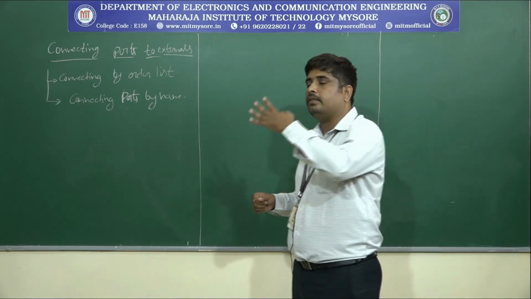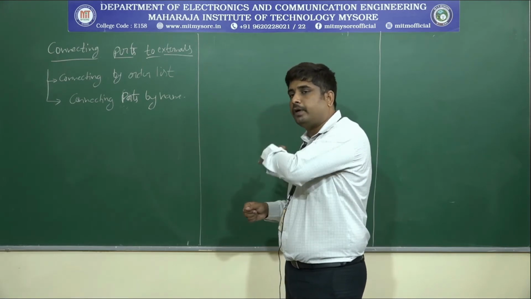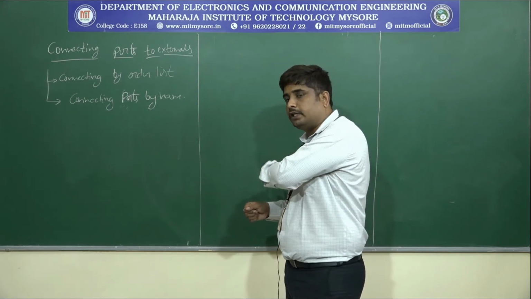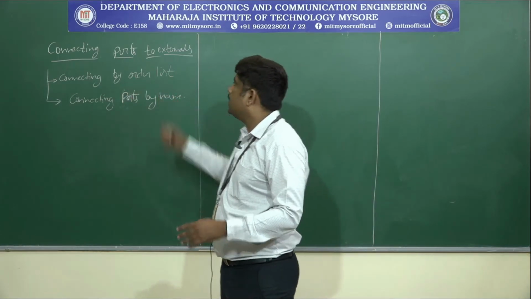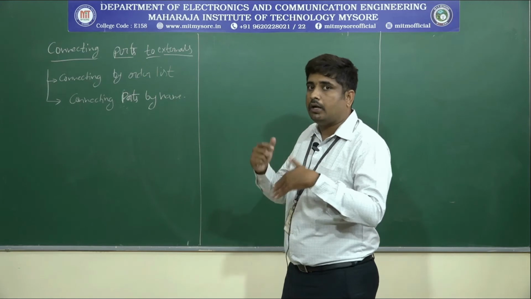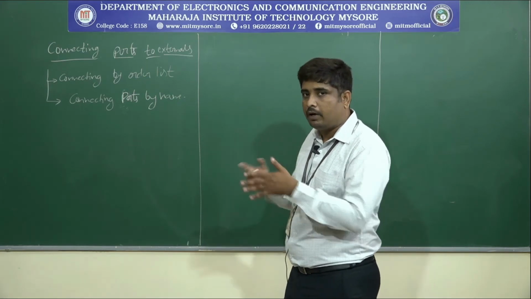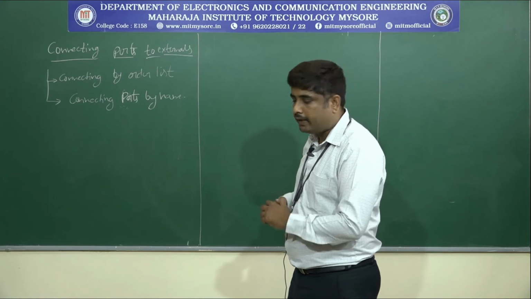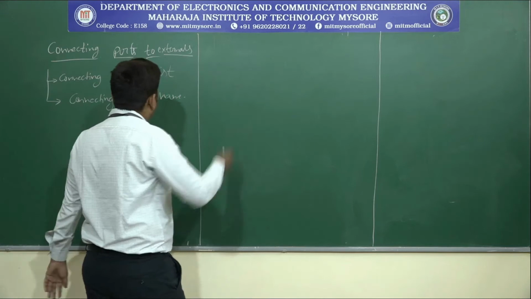In the top, the outputs and inputs are the same as in the module definition of the full adder circuit. That is why we call it connecting by order list: the order of the top block and the full adder block are both the same. Let us take one example for this.